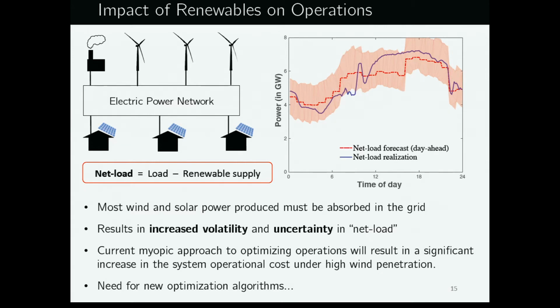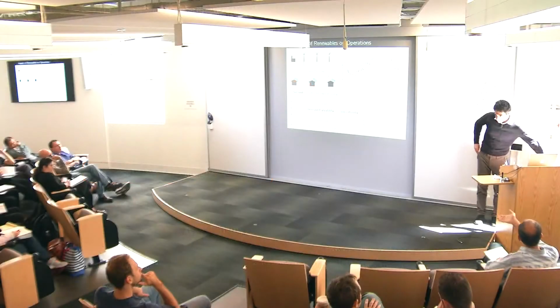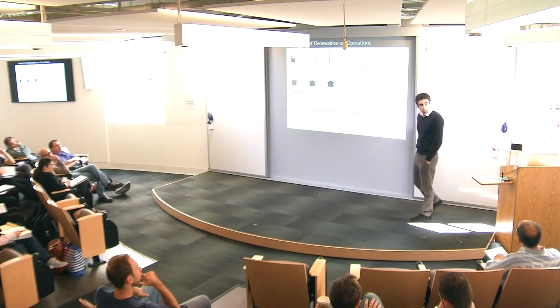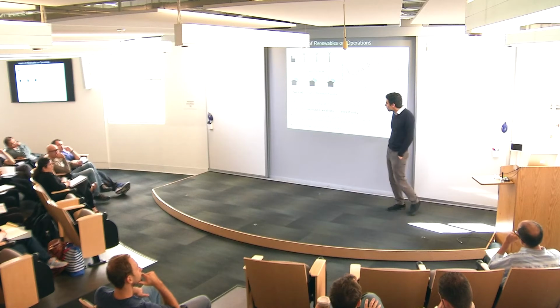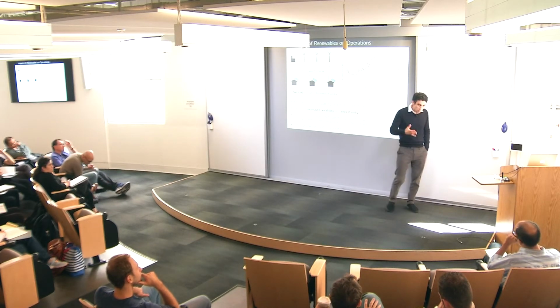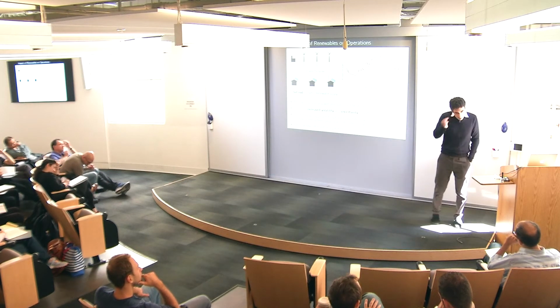Yes? If you realize that you're falling short of the demand, is there a lead time in generating more power to fulfill the demand? Yeah, there are different ways of compensating imbalances at different timescales.